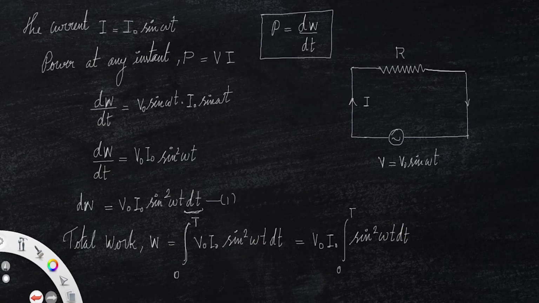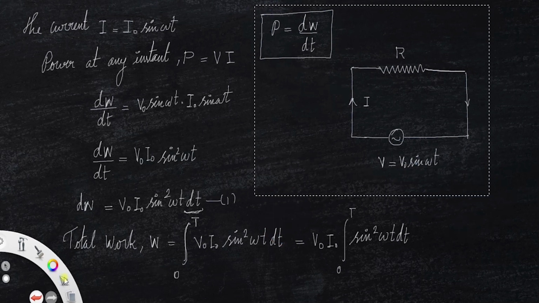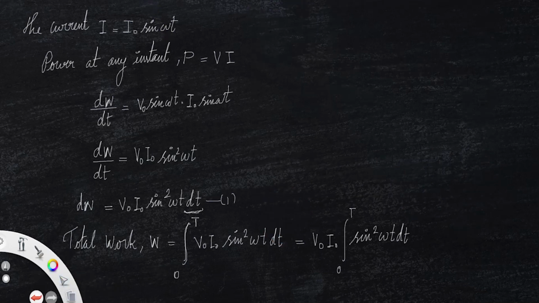Now we have sine square theta. Sine square theta can be represented as 1 minus cos 2 theta, whole divided by 2.